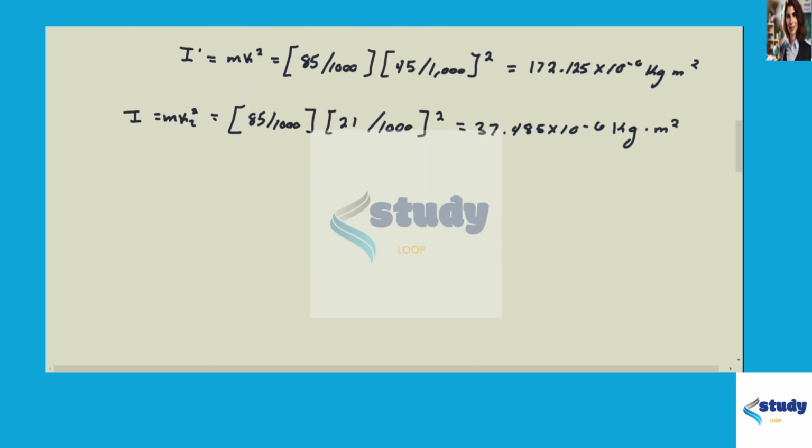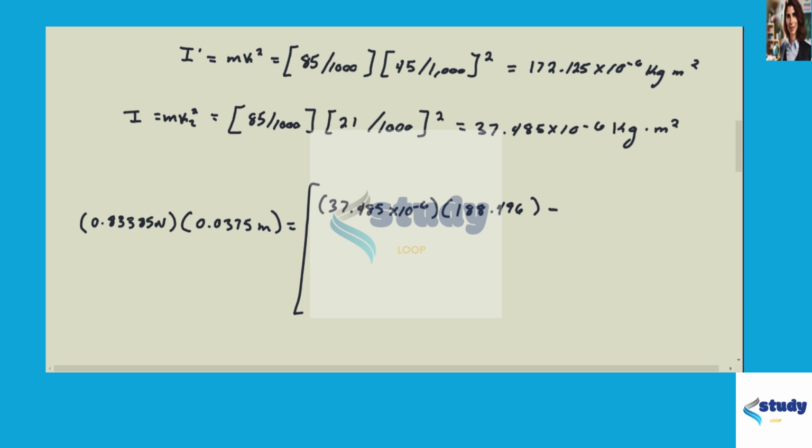So now we have our WC, which is going to be 0.83385 newtons times 0.07375 meters equals 37.485 times 10 to negative 6, times 188.496, minus, I'm going to do 172.125 times 10 to negative 6 minus 37.485 times 10 to negative 6.